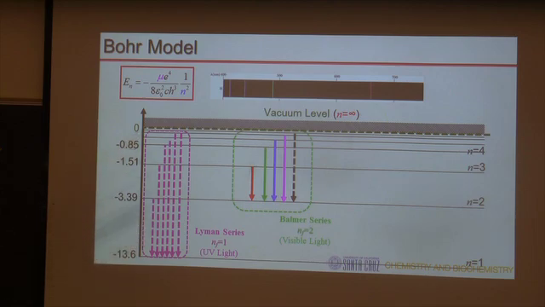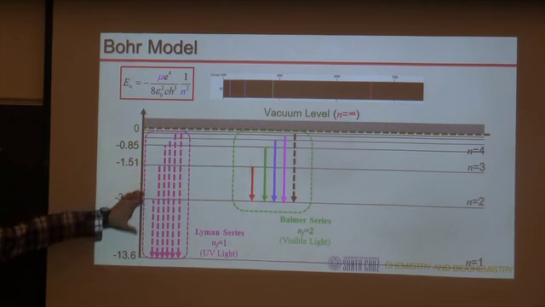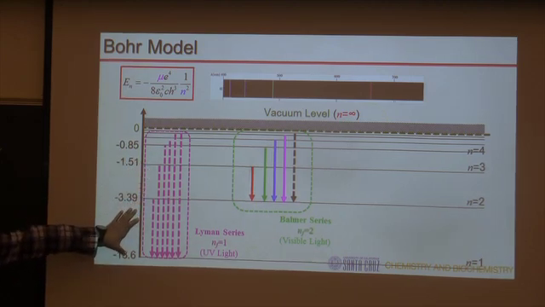For this one, I use the dashed line for the transitions. This is simply because all those transitions will give you UV light. Why is it UV light? Think about it: the energy gap here is larger than this one. A larger energy gap means shorter wavelengths, so shifted to blue.